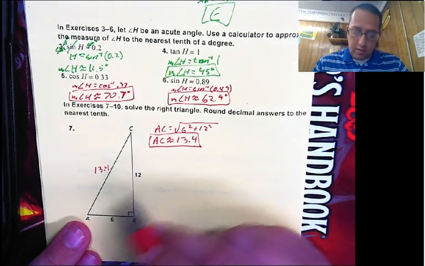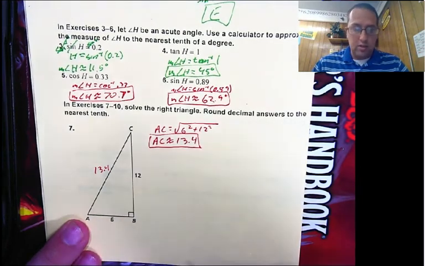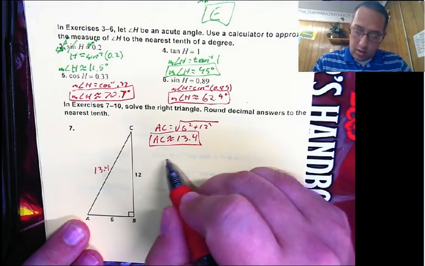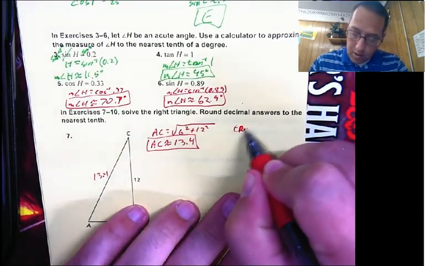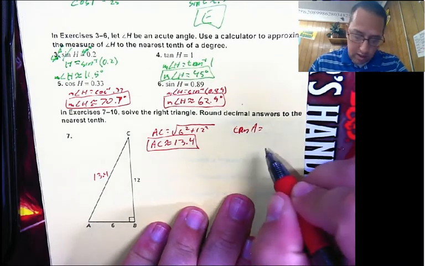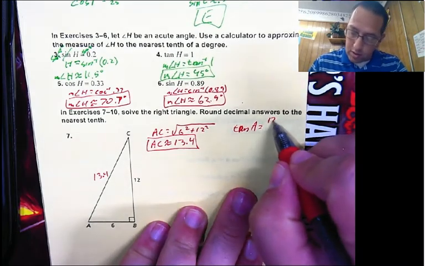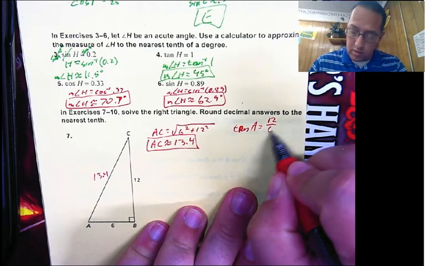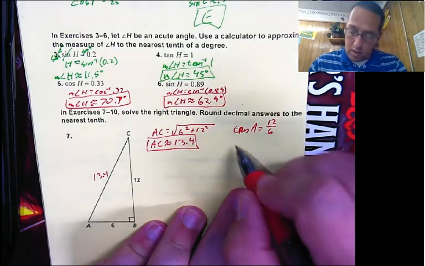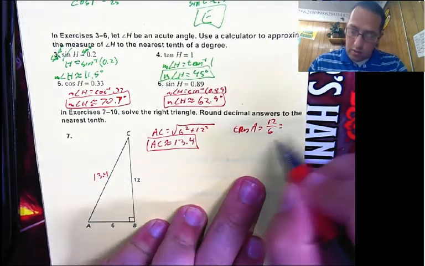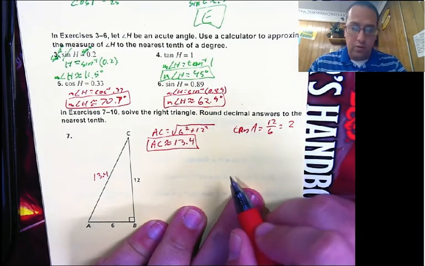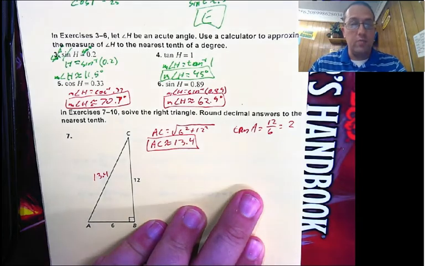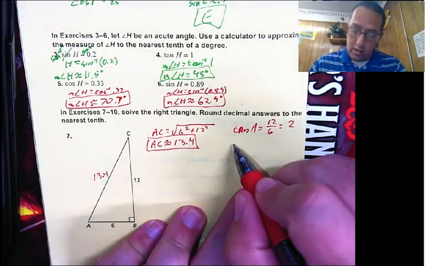All right, let's see, 12 and 6, that's opposite, that's adjacent, so this is TOA, so we're going to be using tangent. So the tangent of A is equal to opposite 12 over adjacent, which is 6. Okay, so 12 over 6 is 2. So what we end up with is the tangent of A equals 2. We don't want the tangent of A, we just want A. So we have to undo the tangent.